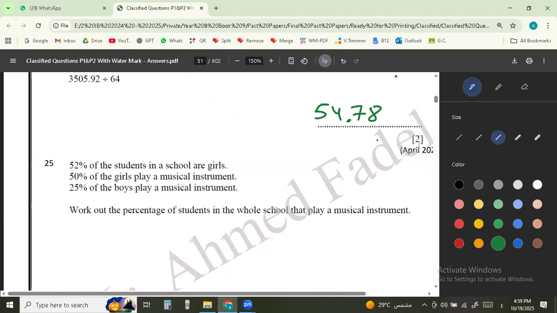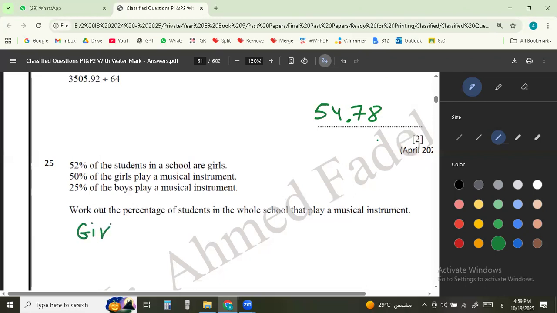This question is saying 52% of the students in a school are girls. 50% of the girls play a musical instrument, 25% of the boys play a musical instrument. Work out the percentage of students in the whole school that play a musical instrument. I don't have the actual number of students in the school, but I have that 52% are girls.